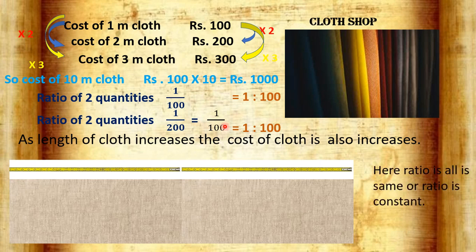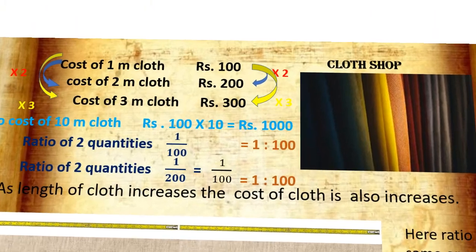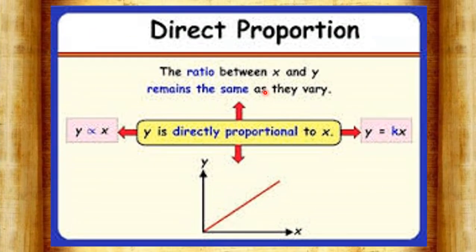Here the ratio in all cases is the same, or we can say the ratio is constant. So here we can define direct proportion: the ratio between the two quantities x and y remains the same as they vary.